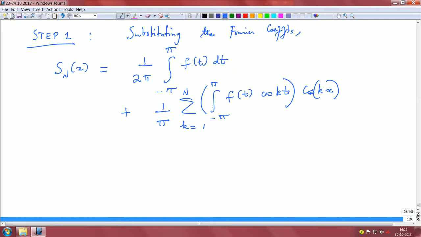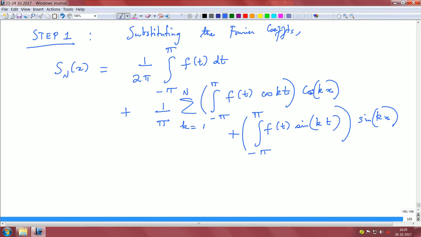This 1 upon pi I have just pulled outside, but you can see this is basically your a n, and then your b n is, I can put this here itself, integral minus pi to pi f of t sin k t sin k x, and I have to put a dt here whenever I write this in integral.